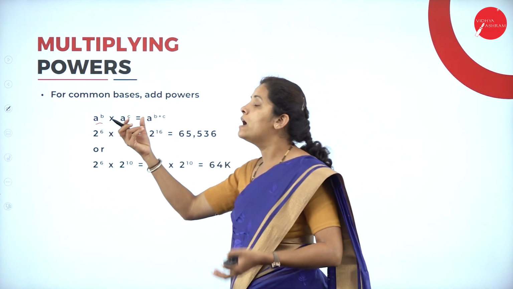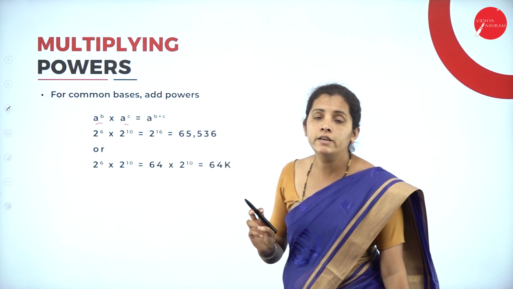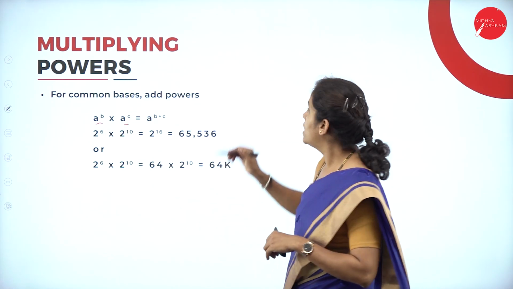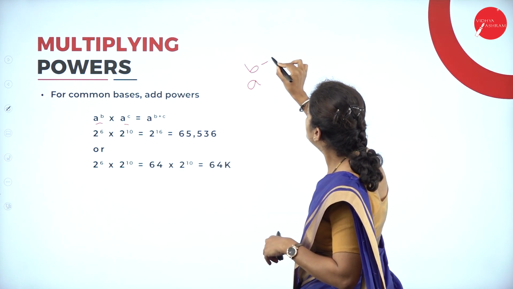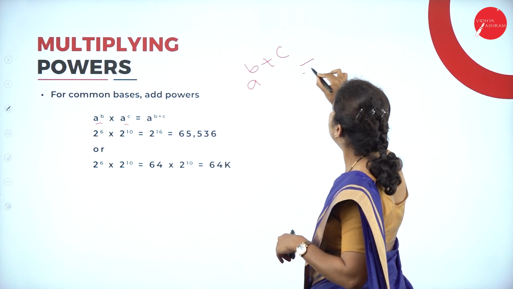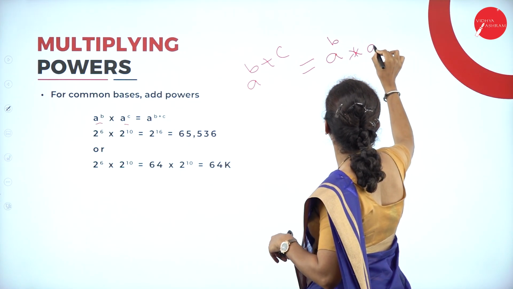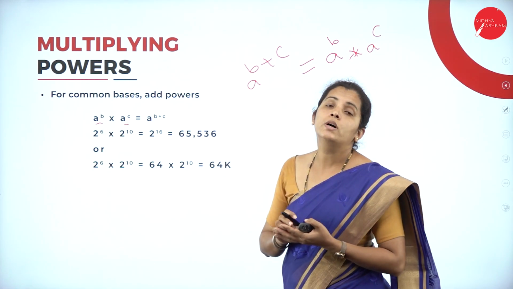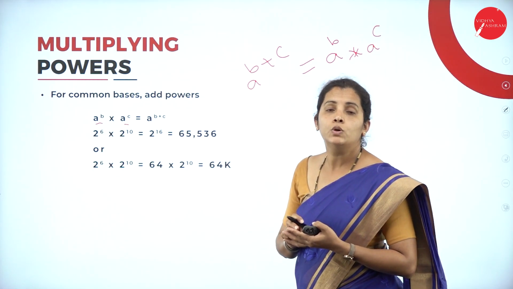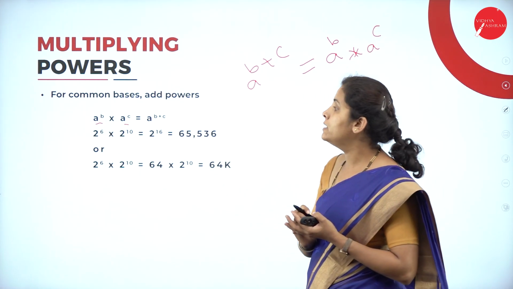I have A and I have A. But the powers are different. So, what I will do? I'm going to write A to the power B plus C instead of writing A to the power B into A to the power C.